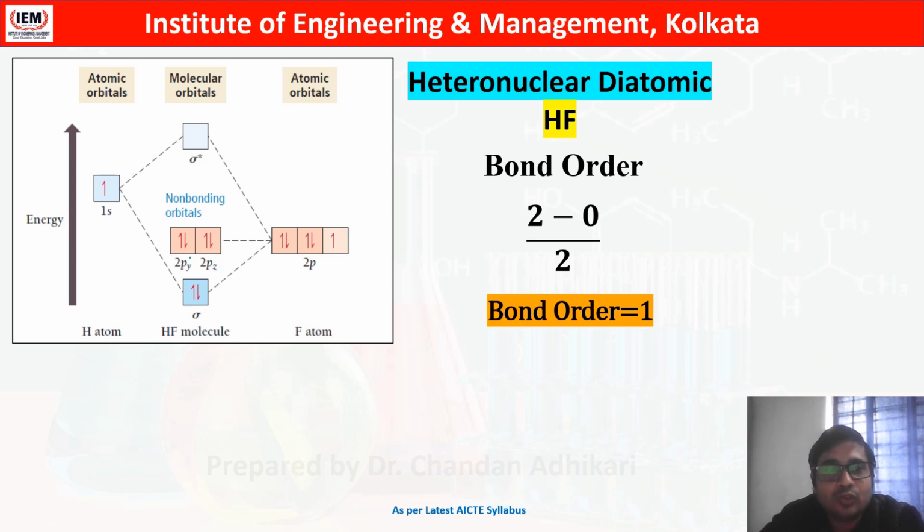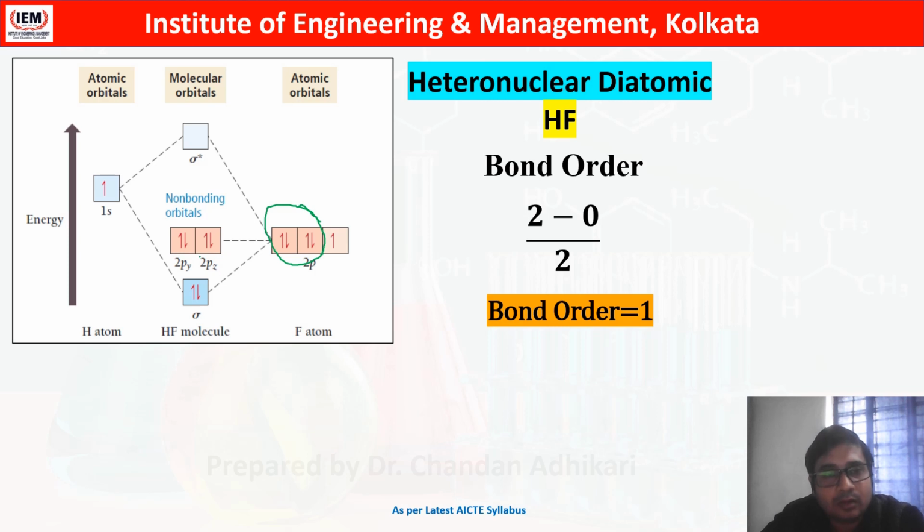If we form the molecular orbital diagram, there are 4 atomic orbitals, so there will be 4 molecular orbitals, 2 bonding, 2 anti-bonding, right? But only 1 atomic orbital can combine with the 2p. So there will be 1 bonding, 1 anti-bonding, and 2 orbitals will remain as non-bonding, because they do not have anything to combine with.